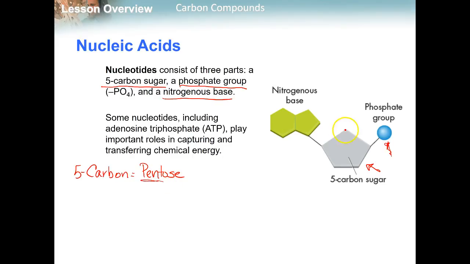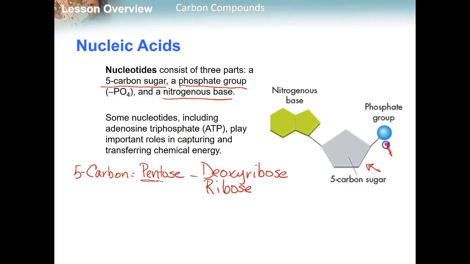Pentose means 5, and we use a pentagon to show the 5 carbons. And we have 2 kinds of pentose sugar. We have deoxyribose, and we have ribose. So that shape could be either one of those.